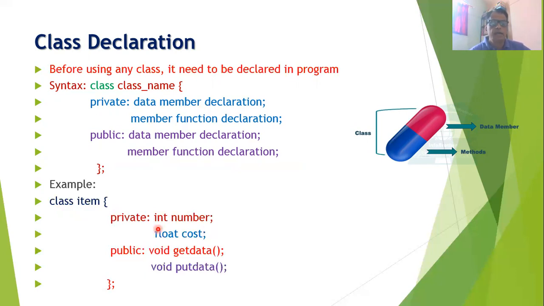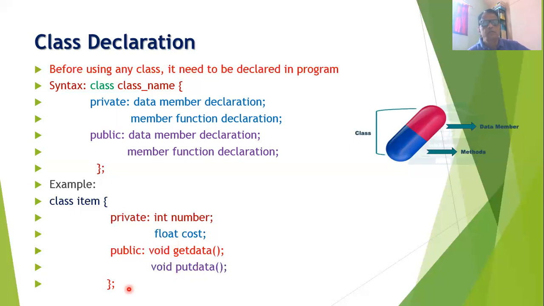Under the private category, I declare number, which is of data type integer, and cost, which is of data type float. Then in the public category, I declare two functions. The first function is getdata, and the second function is putdata. Suppose the return type of both of these functions is void.